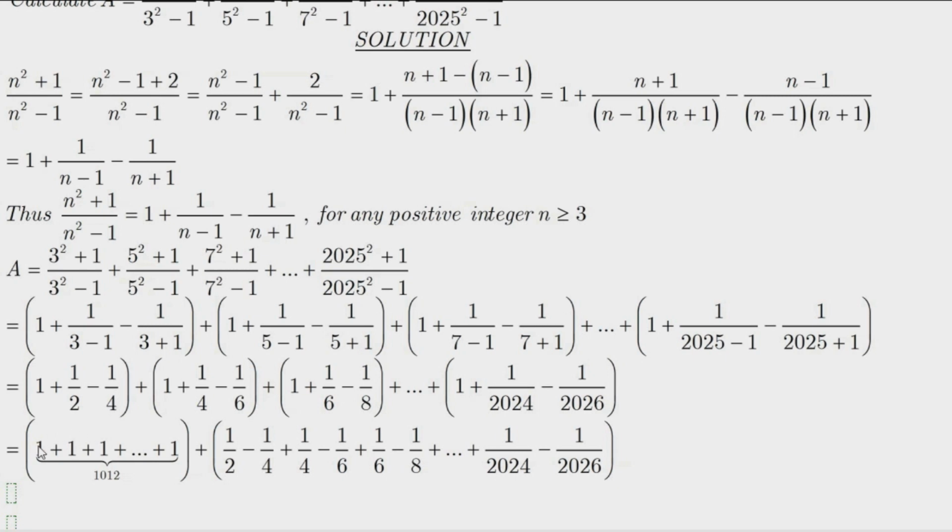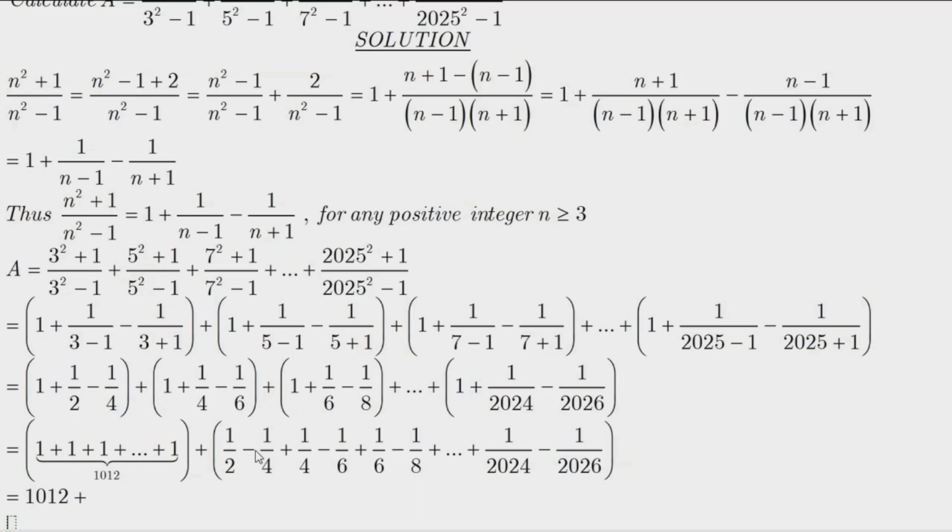So the first two fractions give 1 plus 1, equal to 2 as well. So this will be equal to 1012, plus this.